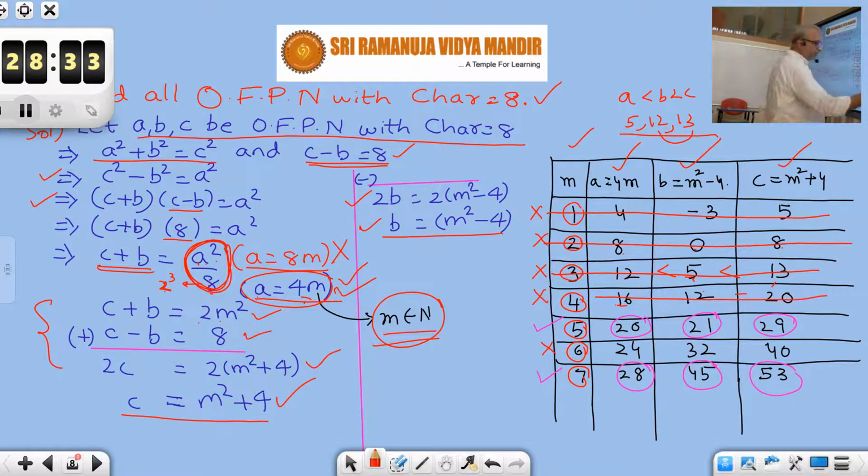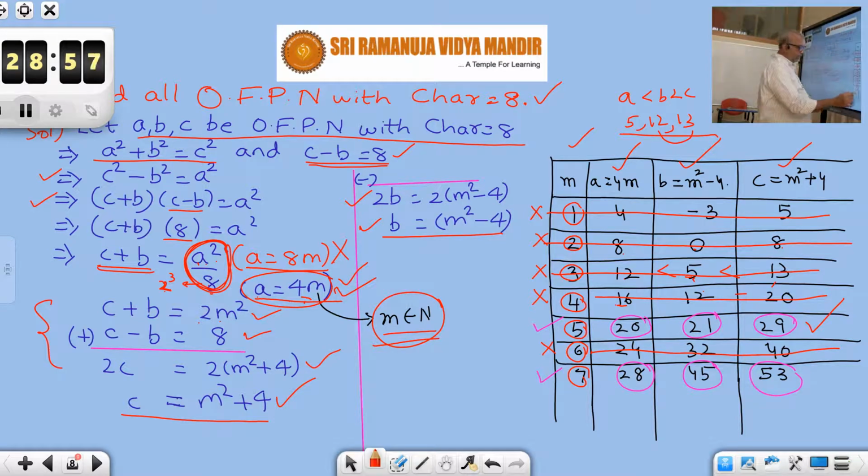So the smallest numbers with characteristic 8 are 20, 21, 29. Next one, again here we have a common factor, is it not? So that should be removed. Common factor is not allowed, so they are not allowed.